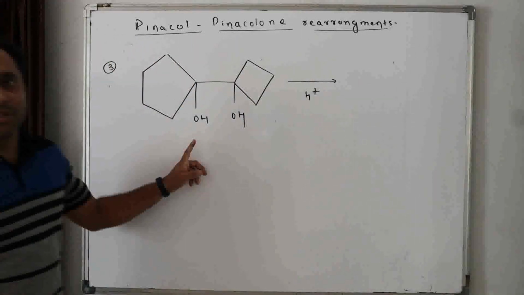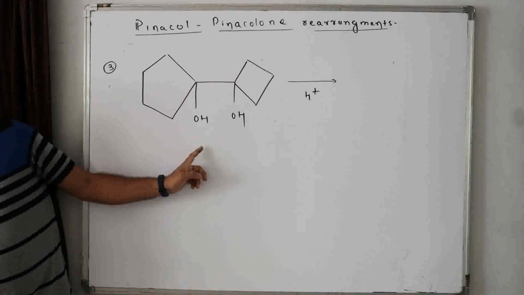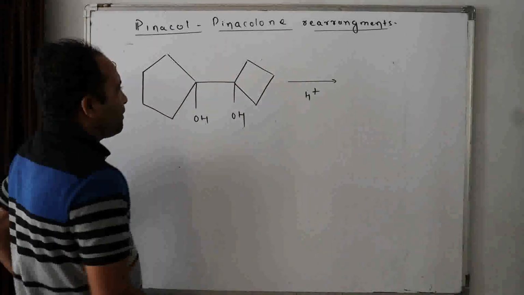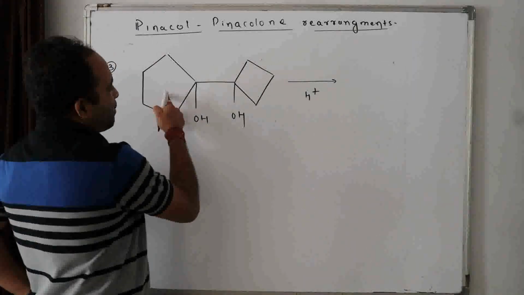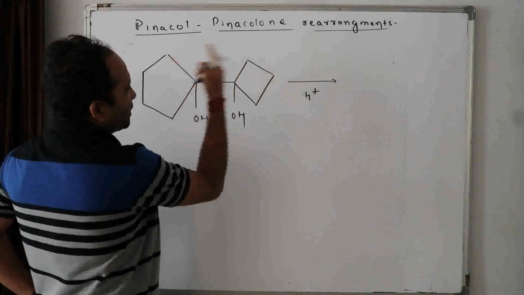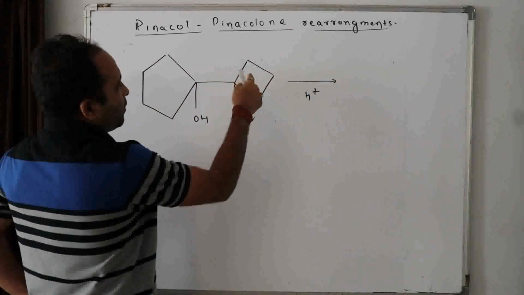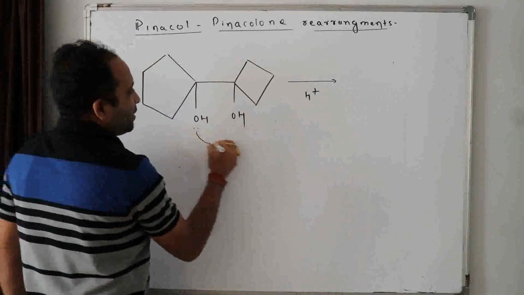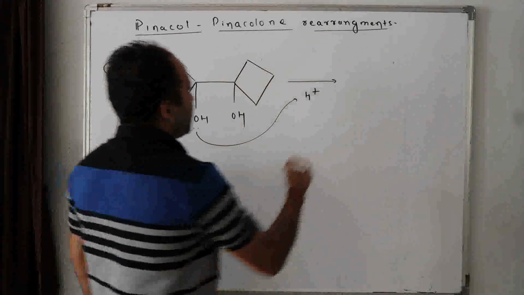Now think about this question. This question is a very nice question to be answered. In this case, what will happen? Now, where will this H plus attack? If I attack this, this 5-membered ring will become a 6-membered ring. If I attack this OH, what will happen? Let me attack this OH, then you can understand what I meant to say. H plus. What will happen?